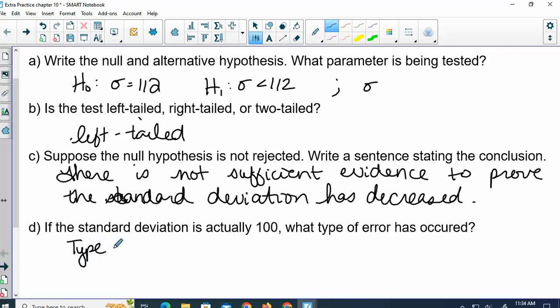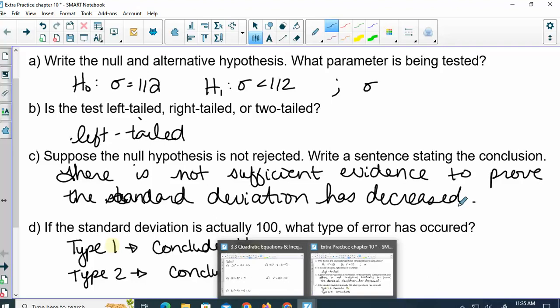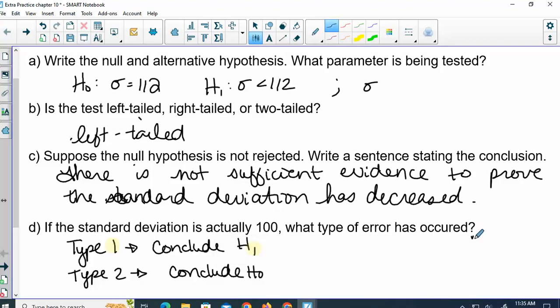Type 1, I told you it means you conclude H1. And that's how I remember it, the ones go together. In type 2, that means you have to conclude the null. In either case, we're wrong because it's an error.